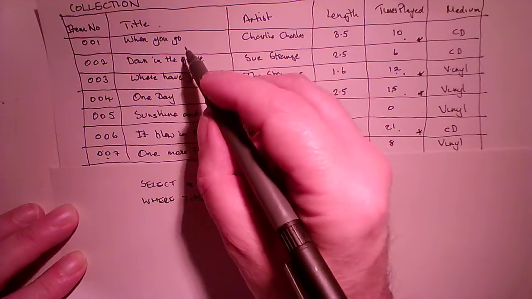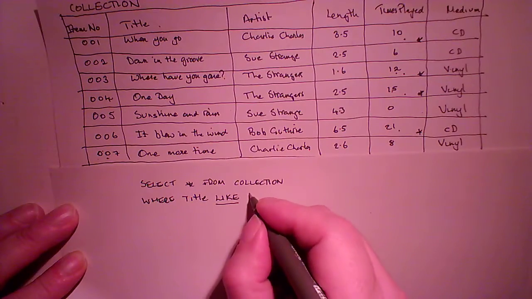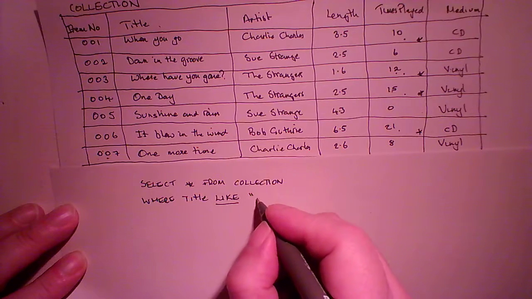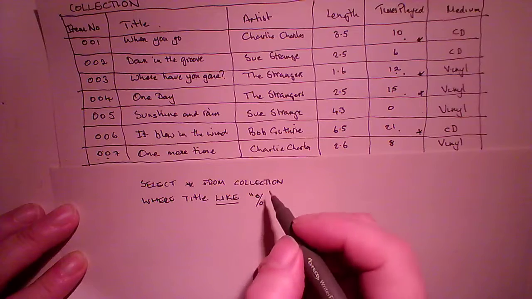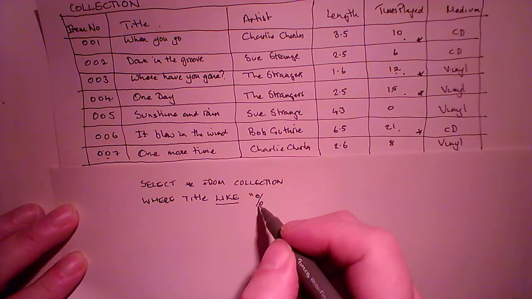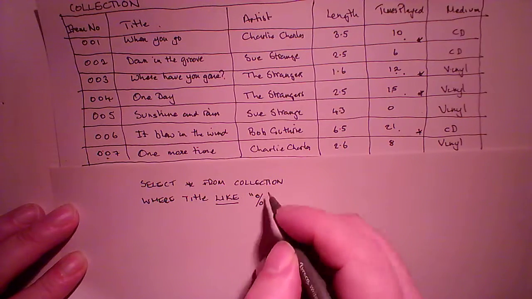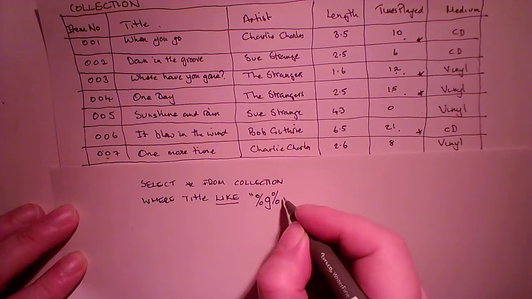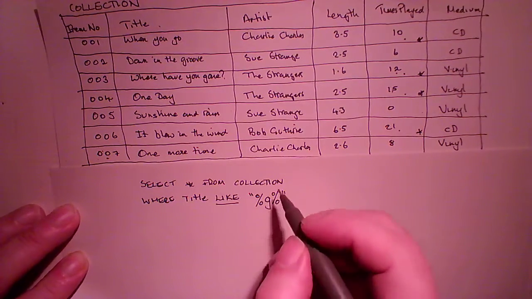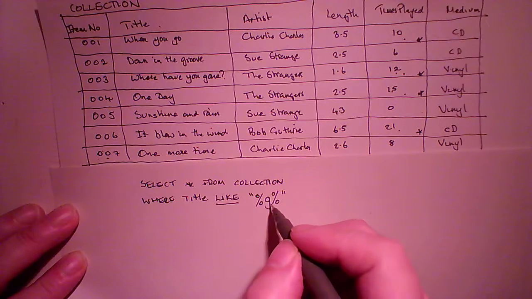And I wanted anything with a G, so it's a string. It starts off with a % sign, so that means I can have nothing before the G, then a G, and nothing after the G. So that means anything with a G in it somewhere.